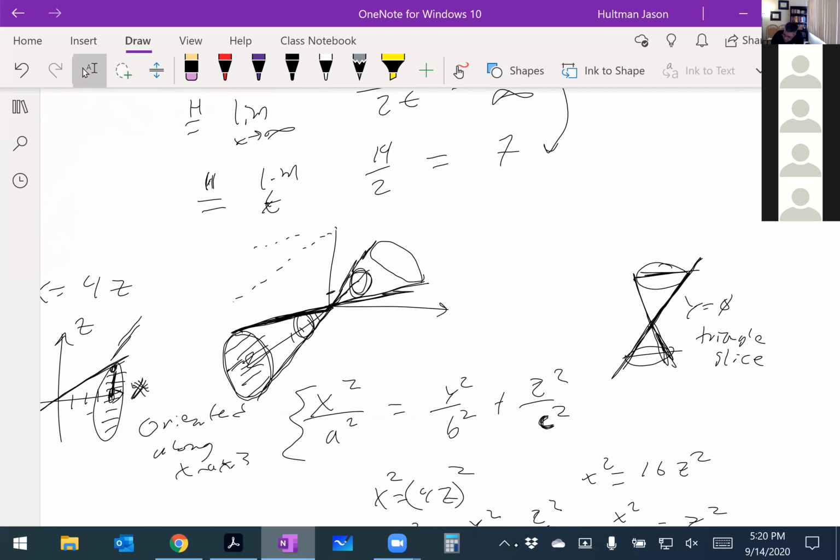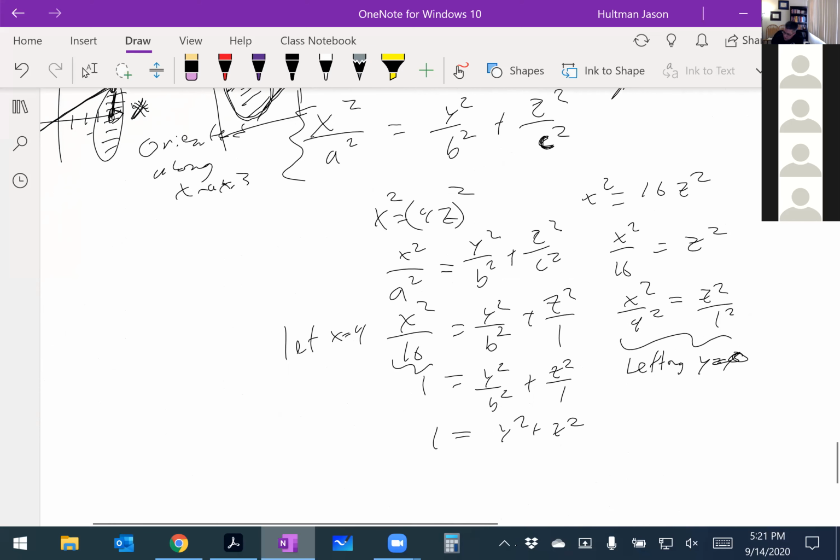It's this slice, but in the YZ plane. I haven't taken this piece of paper and I'm slicing the cone. And so what do I know?